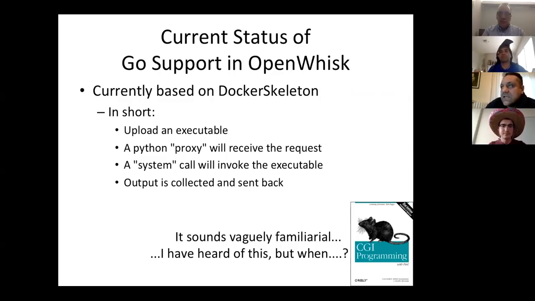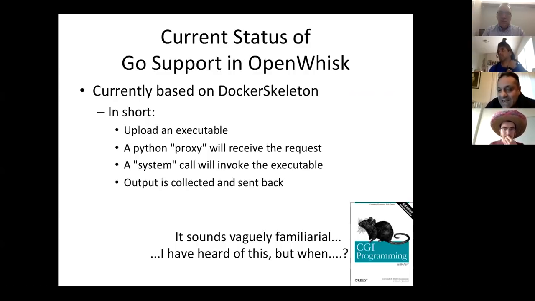It works: you take an executable and upload it, then a Python proxy script receives a request, starts another executable, passes a parameter to it, collects the output and sends it back.